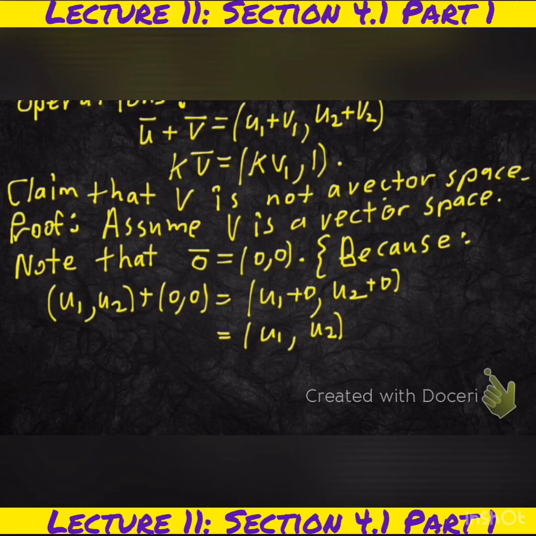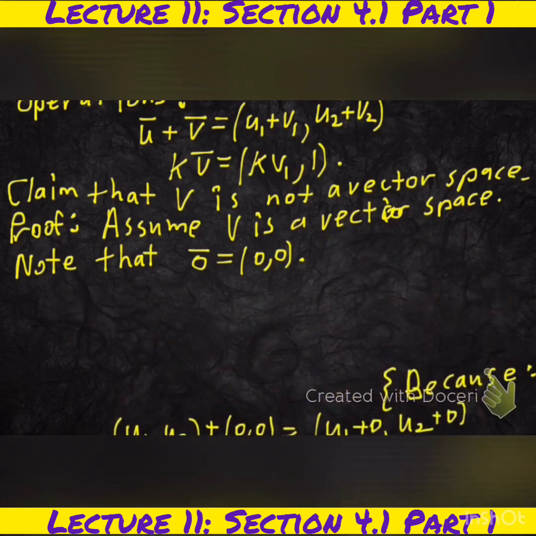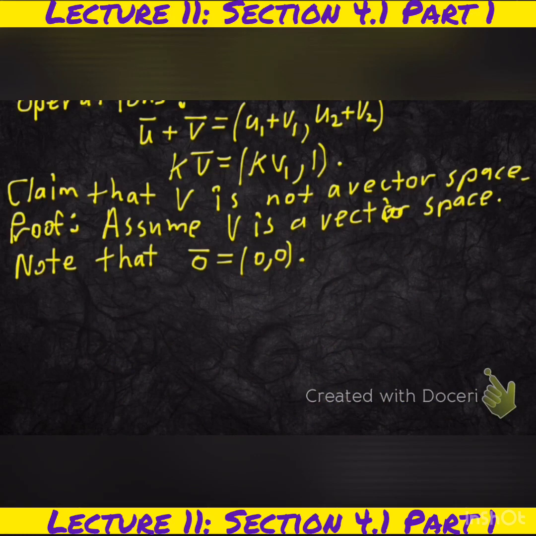And that is also equal to (0, 0) plus (u1, u2). So we know that is the 0 vector for sure. So now I want to see if my theorem 4.1.1, the first property, holds.